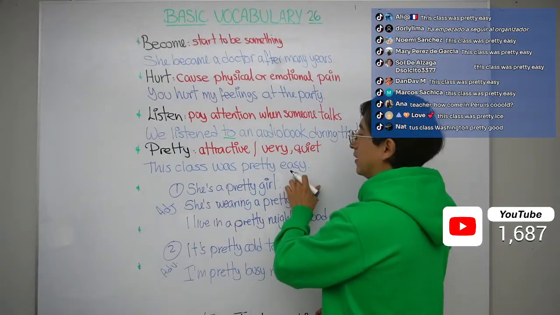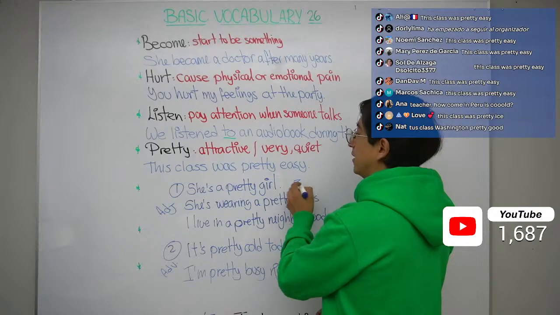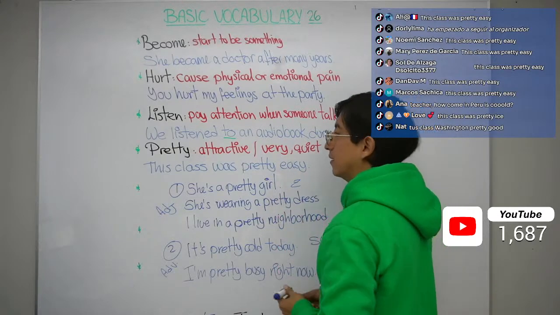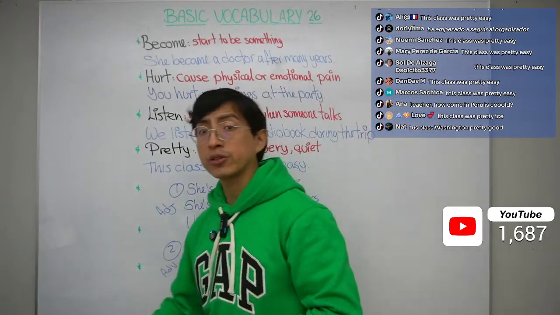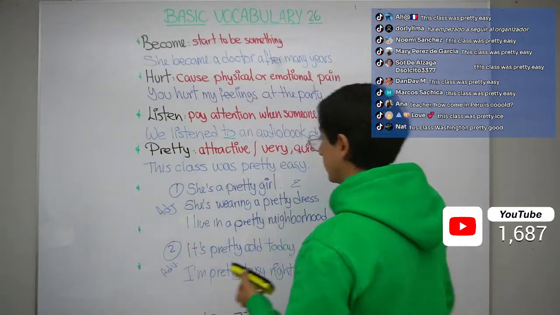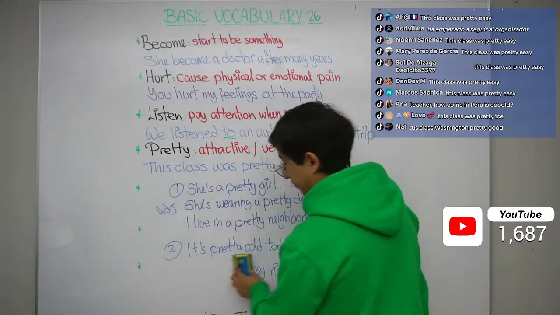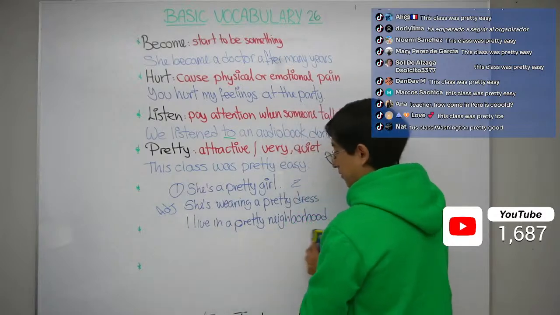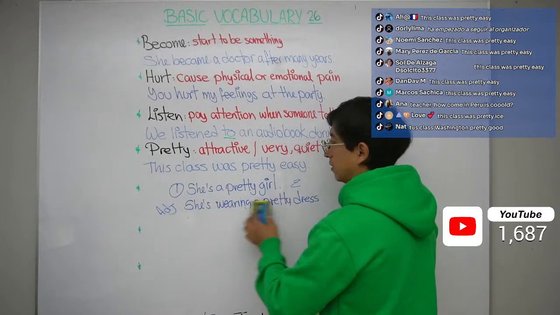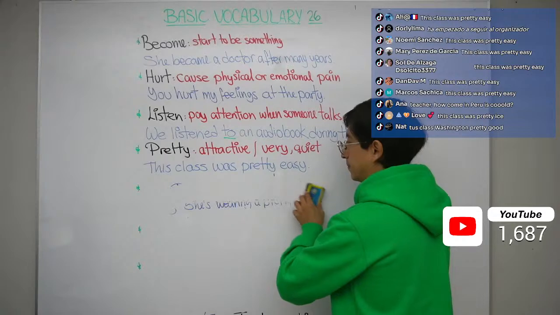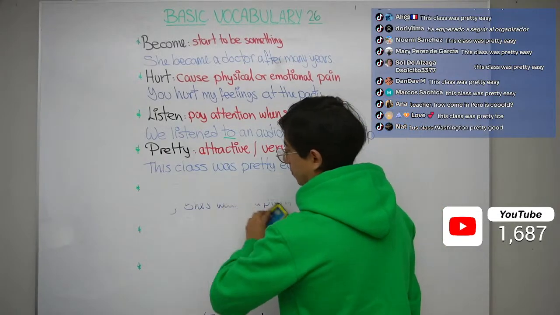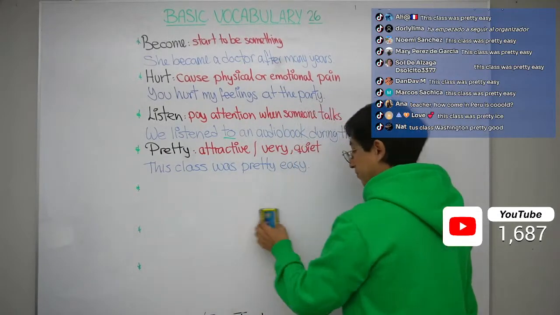Okay, see here, easy. Okay, this class was pretty easy. Very good. Let's erase this. Esta clase estuvo muy fácil. Estuvo bastante fácil. Other options.